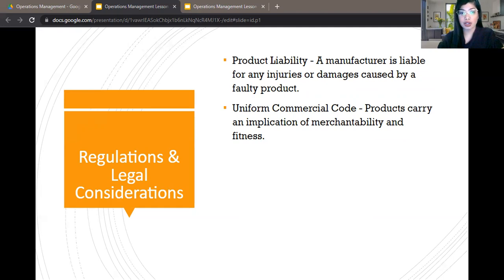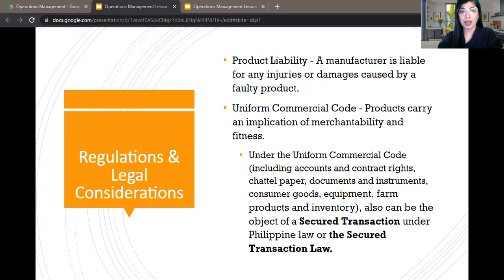Manufacturers are also faced with the implied warranties created by the state under the Uniform Commercial Code, which says that products carry an implication of merchantability and fitness, that is, the product must be usable for its intended purpose.